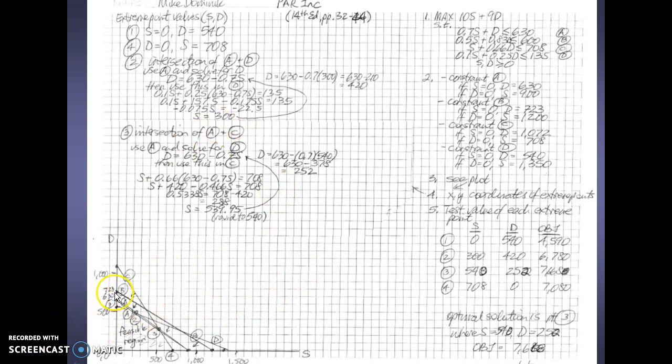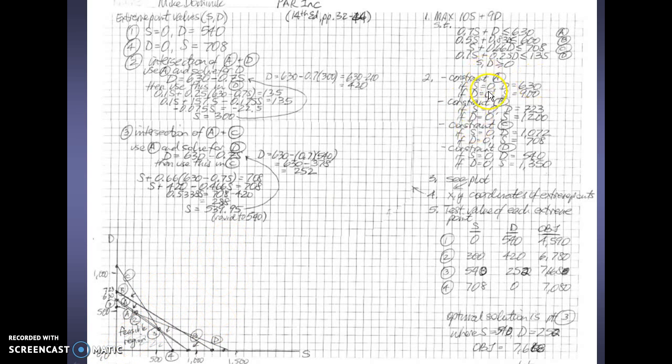Then I decided which direction my feasible region goes for this particular plot. So what we want to do is look at a value of S and D in this area versus something in this area. Let's pick a point down here toward the origin where S is equal to 100 and D is also equal to 100. Decide whether the feasible region will be in this direction or out in this direction.